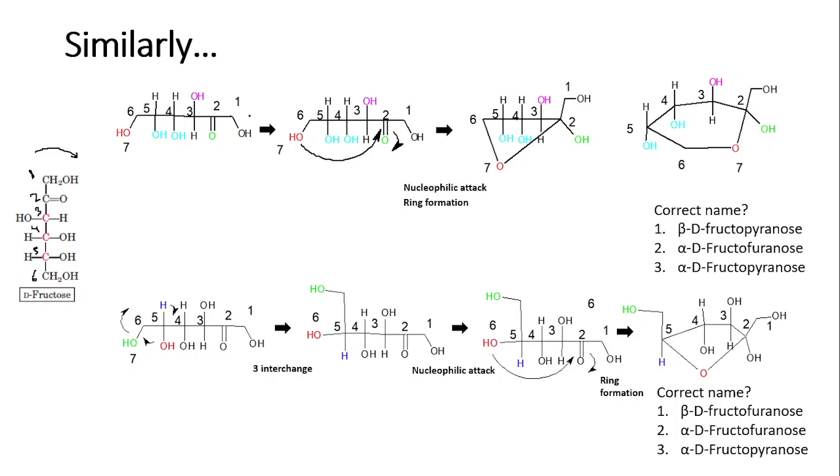You can see the carbonyl and the OH groups have all turned. This OH was pointing left, now it is pointing up because of the turning. This OH was pointing right, now it is pointing down. This OH was also pointing right, now pointing down due to turning. This CH2OH is irrelevant.